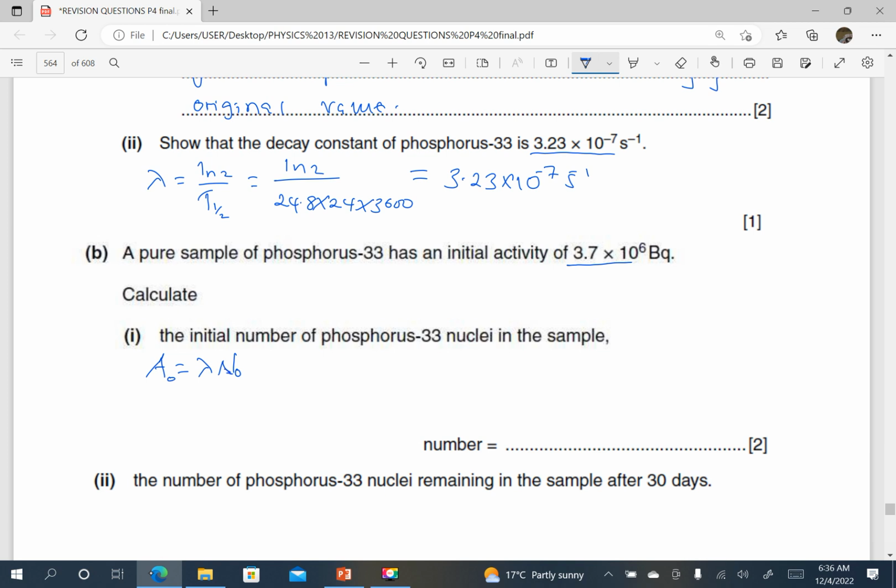So we want the initial number of nuclei, so N naught is going to be initial activity, which is 3.7 times 10 power 6, divided by the decay constant, we have got as 3.23 times 10 power negative 7. I check with my calculator.